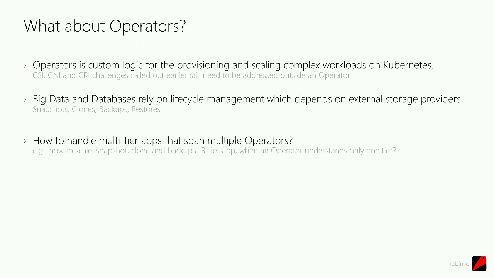Now, clearly, Kubernetes has demonstrated the agility benefits of putting all the compute-only stateless workloads on Kubernetes. Wouldn't it be awesome if you could bring the same level of deployment as well as lifecycle management agility to the databases and big data platforms on which these stateless workloads rely?